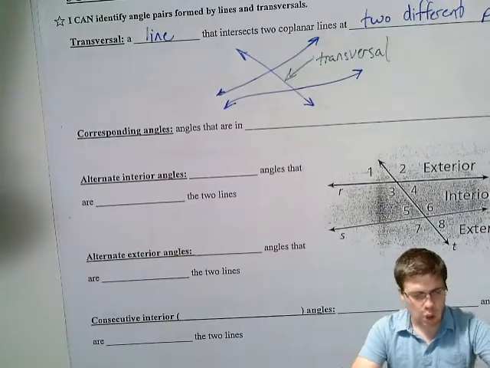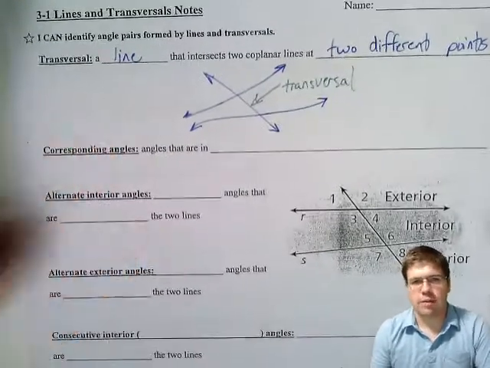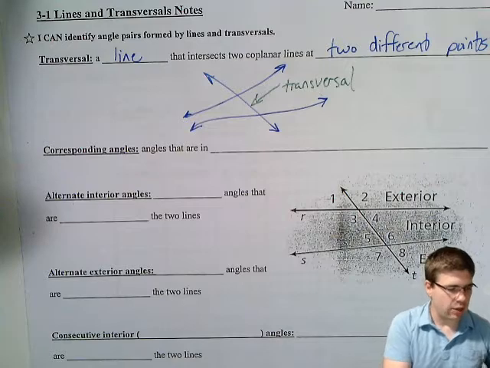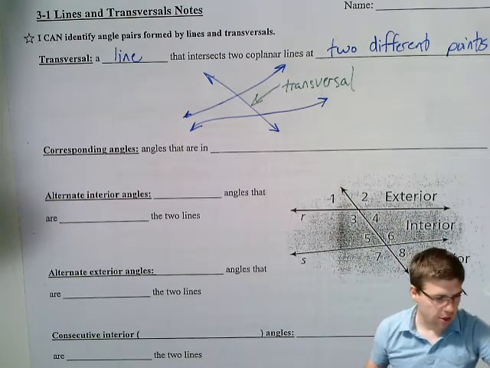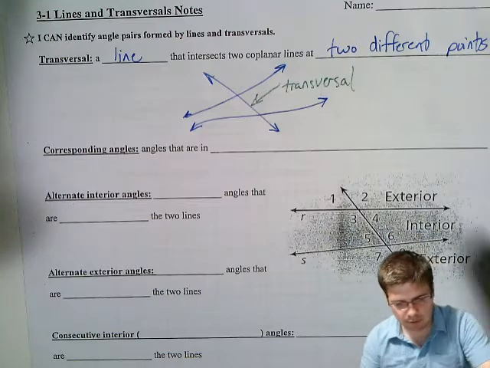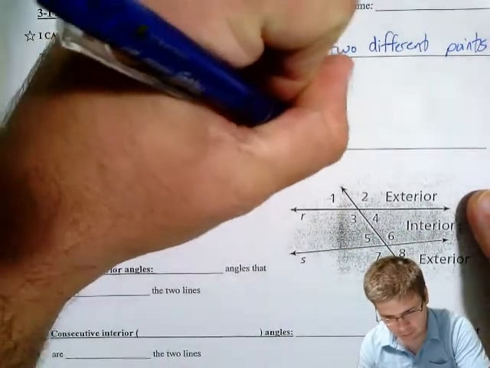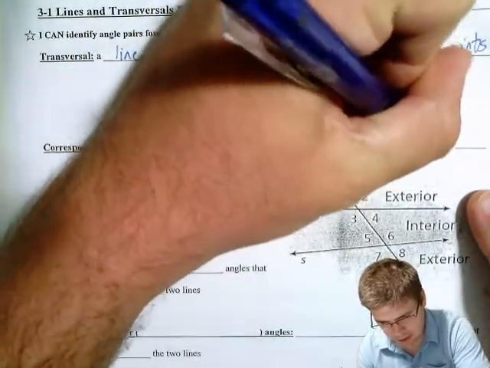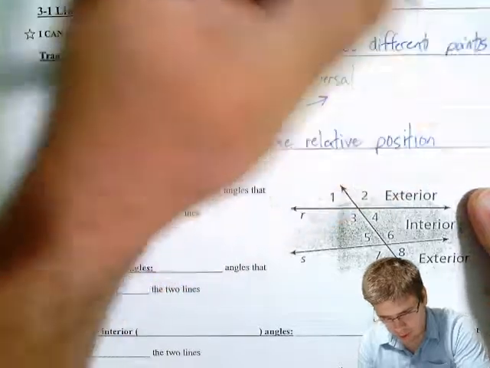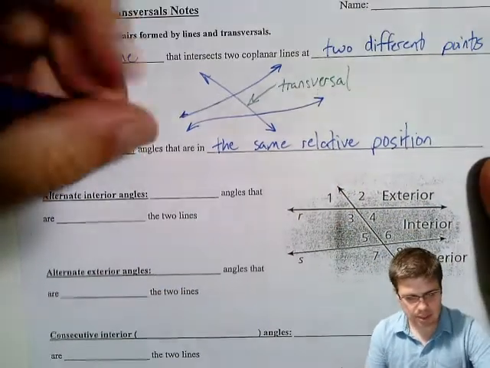All right, so when we do that, we create a whole bunch of angles, and we have a bunch of names for these angles. So corresponding angles are angles that are in the same relative position with regards to the transversal and the intersecting line. This is kind of best given with an example.